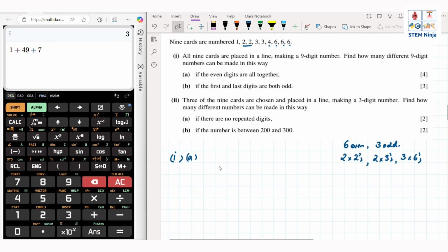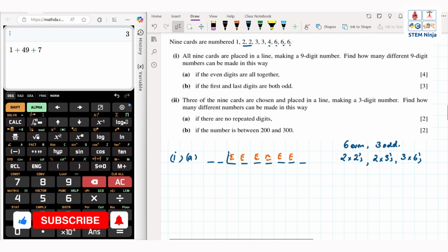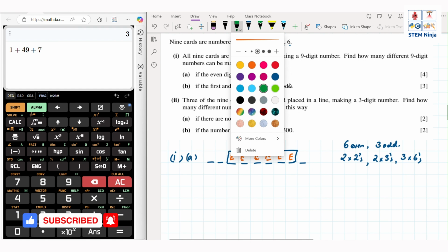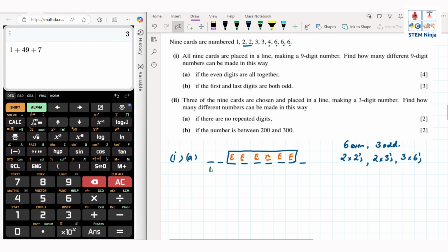even digits together. So we have 1, 2, 3, 4, 5, 6, 7, 8, 9. All the even digits together. So even, even, even. Basically we want the entire group of these even numbers as one unit. So how many units will we make? 1, 2, 3, 4.